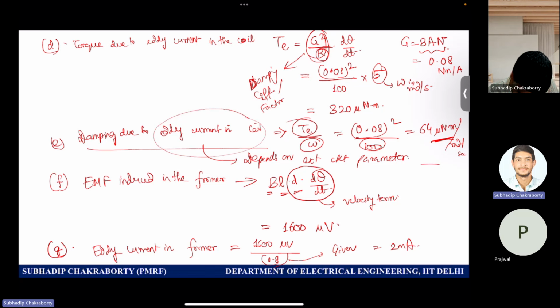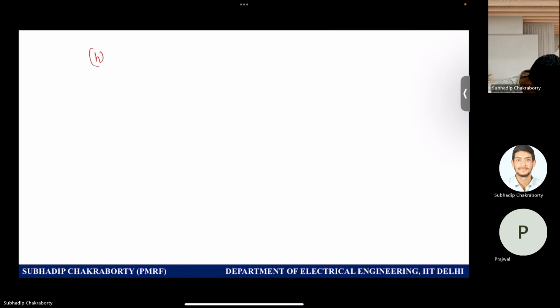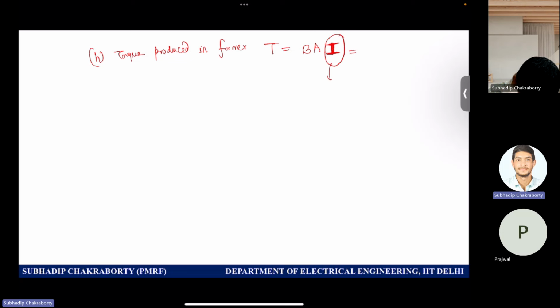And the torque produced in the former, if they ask, is B times A times L. Sorry, I. So we already know I, and this is the flux.